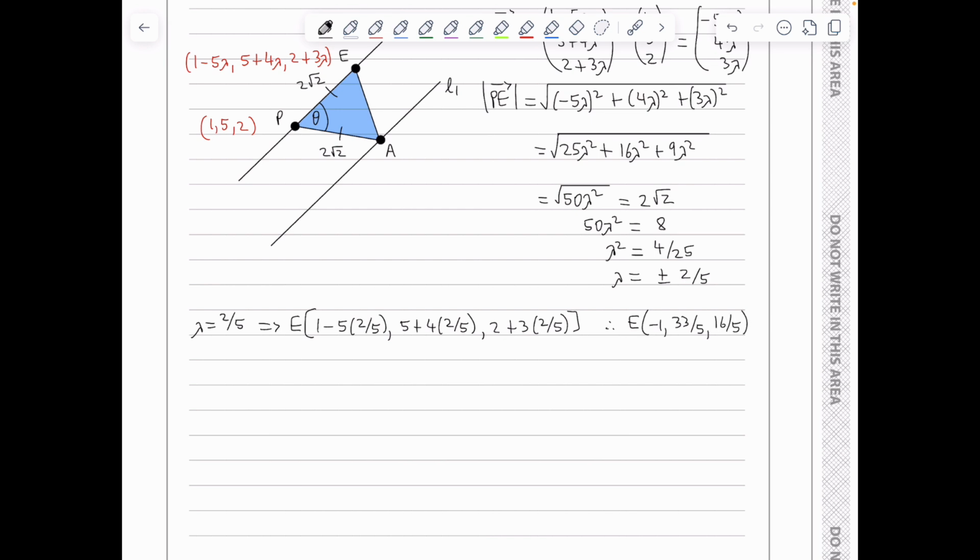I will proceed with lambda being -2 over 5, which means that E has coordinates 1 minus 5 times -2 over 5, 5 plus 4 times -2 over 5, 2 plus 3 times -2 over 5, and therefore we conclude that the second possible position for E has coordinates (3, 17/5, 4/5).